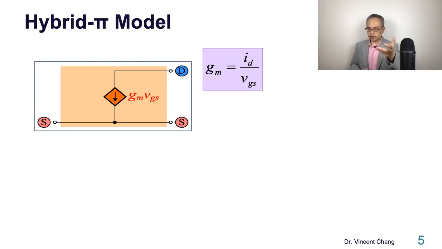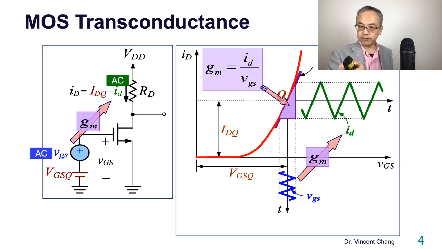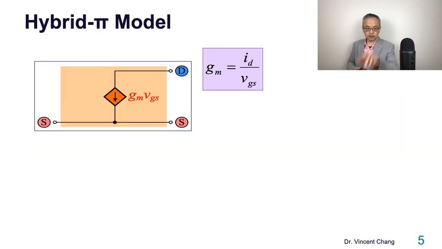Now here comes the first one, the so-called hybrid pi model. We simply take the result from the previous slide. This is the result, right? ID equals GM times VGS. We keep this and just draw it out.